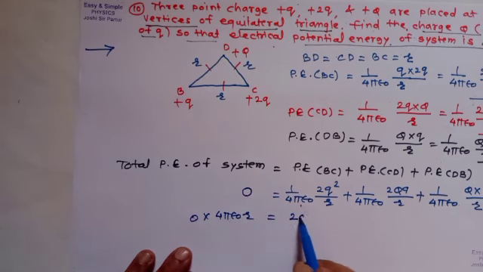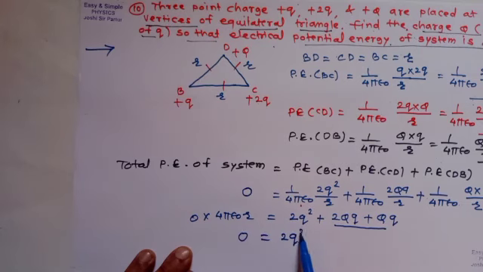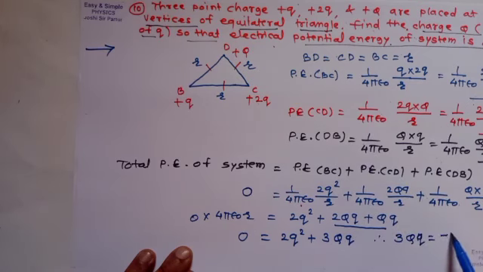It becomes 2q square plus 2 capital Q small q plus capital Q small q. Here the addition will be 3, and 0 is equal to 2q square plus 3 capital Q small q, and therefore shifting, 3 capital Q small q is equal to minus 2q square.